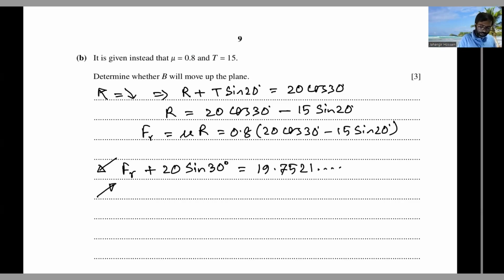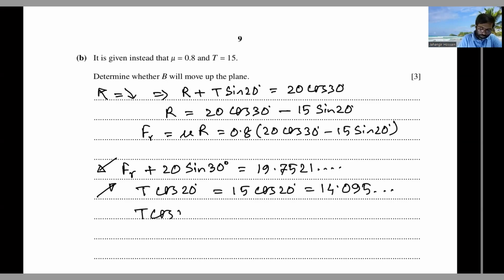And along the plane upward, T cos 20, that is 15 cos 20, which is 14.095, is obviously less than the forces down the plane. So T cos 20 is less than friction plus the component of weight.